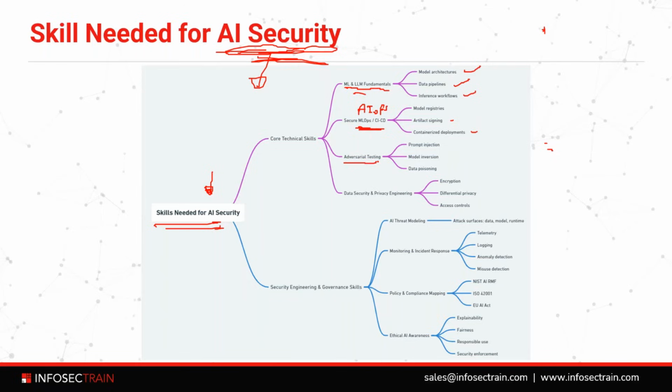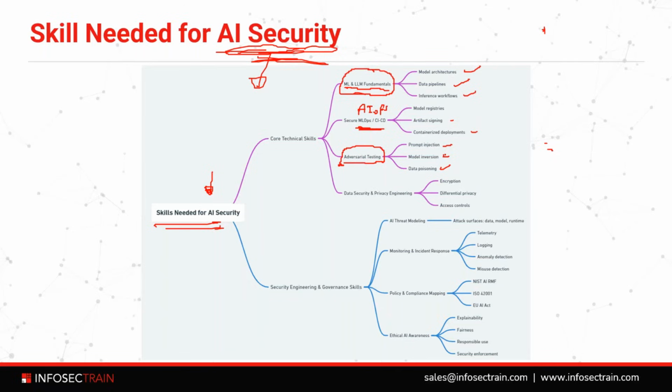Adversarial testing is another skill. This one is mandatory: machine learning and LLM fundamentals. Just the basic theoretical knowledge is also enough. And along with it, the adversarial testing part, where you can do prompt injection, model inversion, data poisoning.